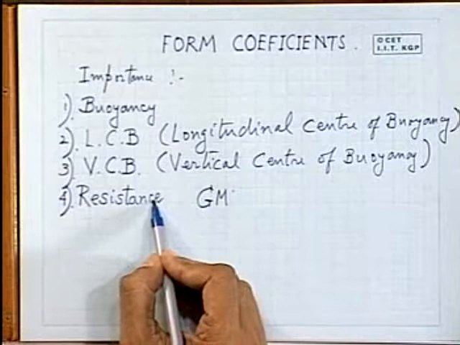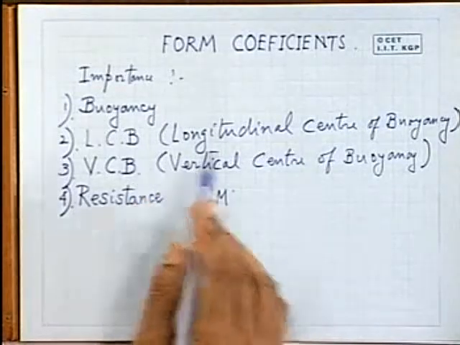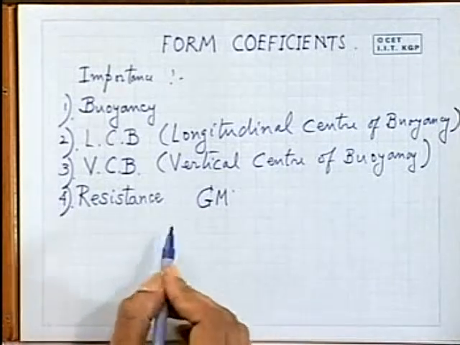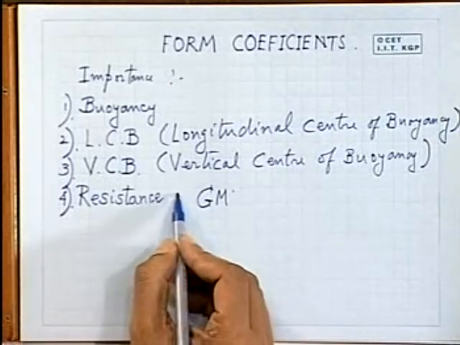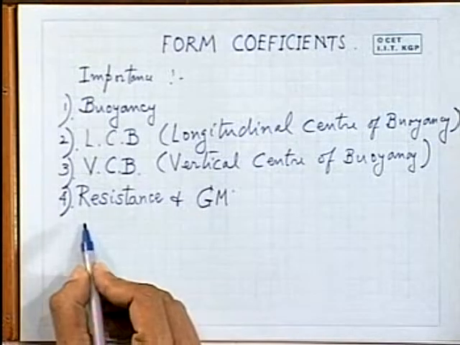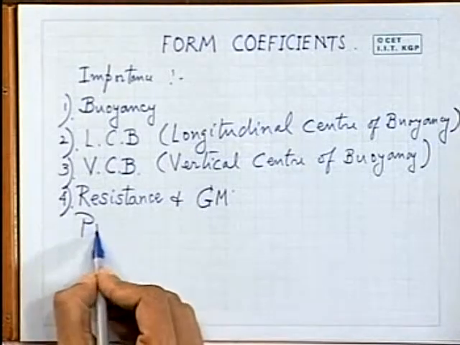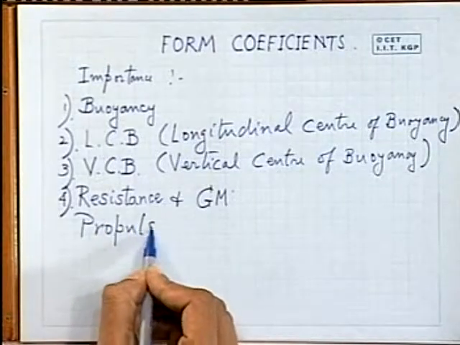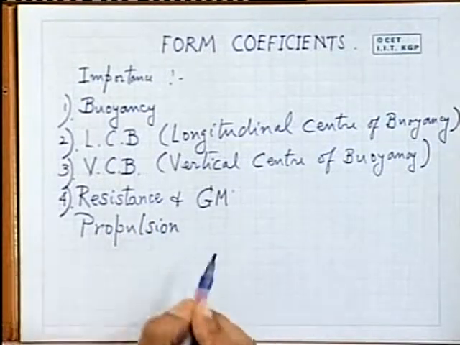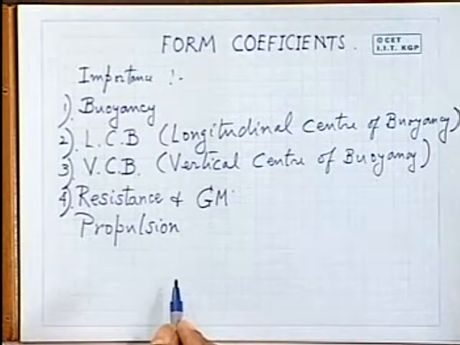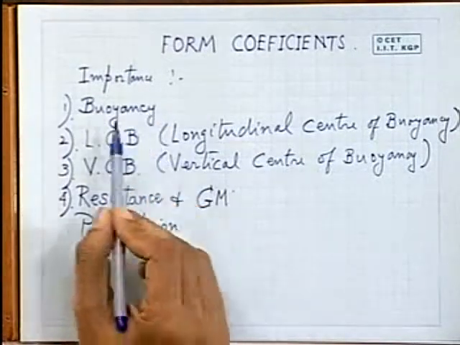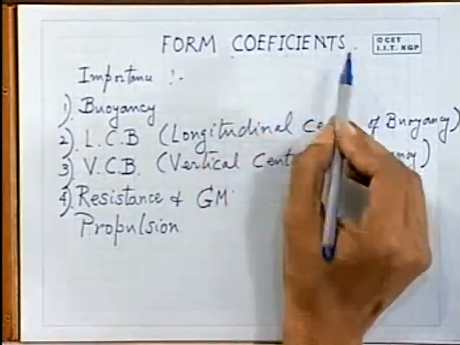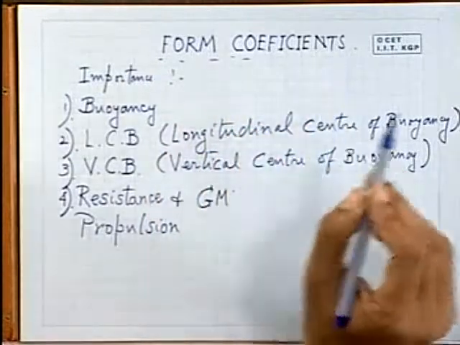So resistance is also another factor which is governed by these form coefficients. Resistance, propulsion of course is dependent on resistance. We can write resistance and propulsion both. So these are the major parameters which can be calculated only after the form coefficients are known.